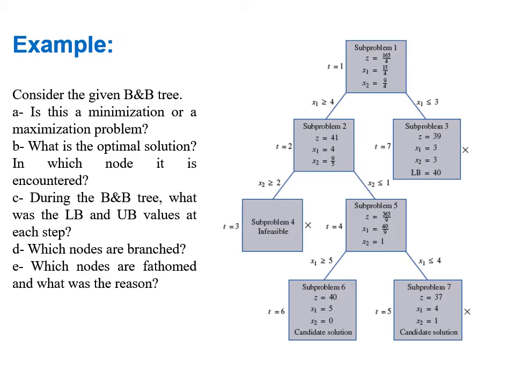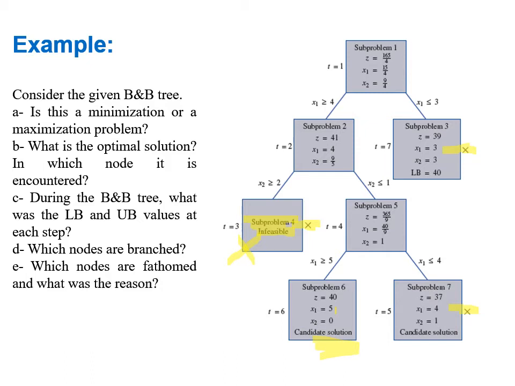Which branches are fathomed? This branch is fathomed, this one, this one, and this one. Then what are the reasons for fathoming? The reason for fathoming this one is infeasibility, so it means that we cannot get the optimum solution from this one.